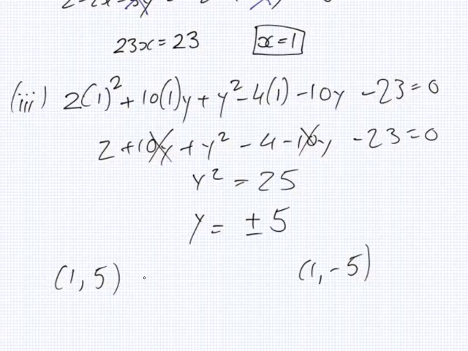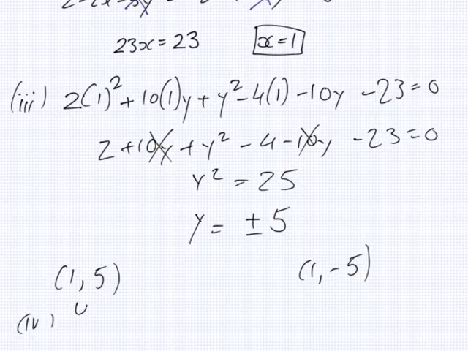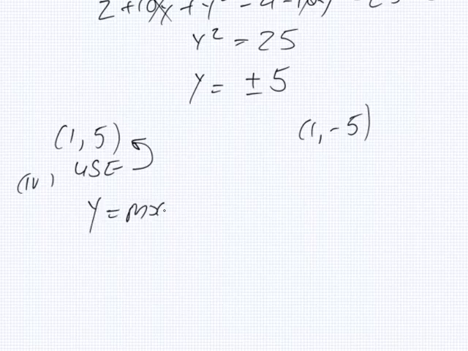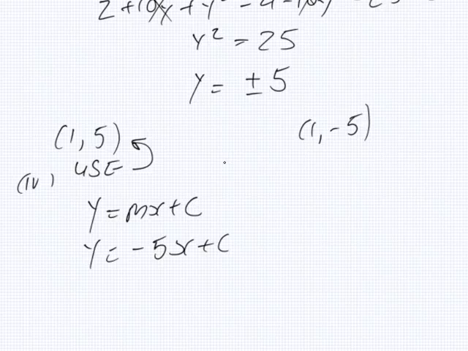Okay, so now for the next part we want to use this one. So you have y equals mx plus c. What's the m here? You know it already. Very good, minus 5. And how do we find the c? Well, we have the point, so 5 equals minus 5 plus c, so c equals 10.